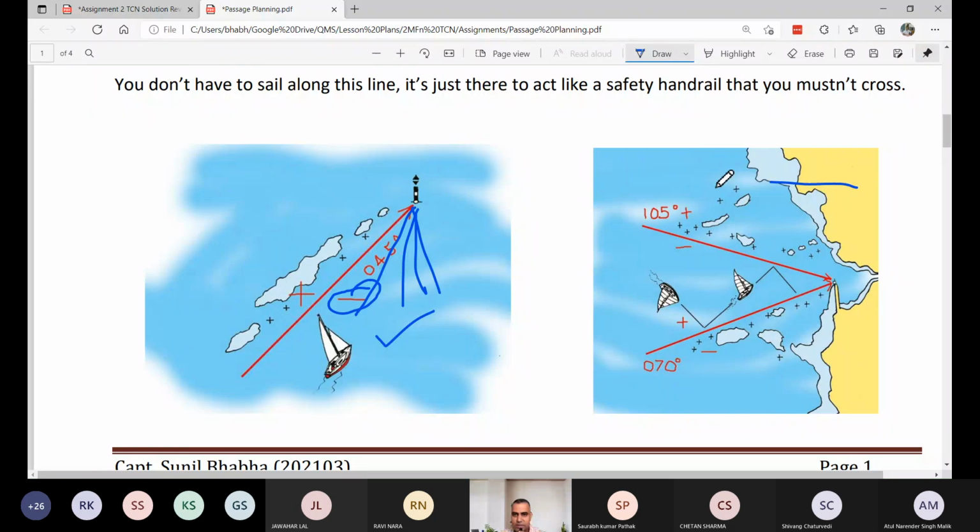The same thing is mentioned here also, beta. While making an approach, you have a particular light, you can use the clearing bearings. Two clearing bearings are used here.